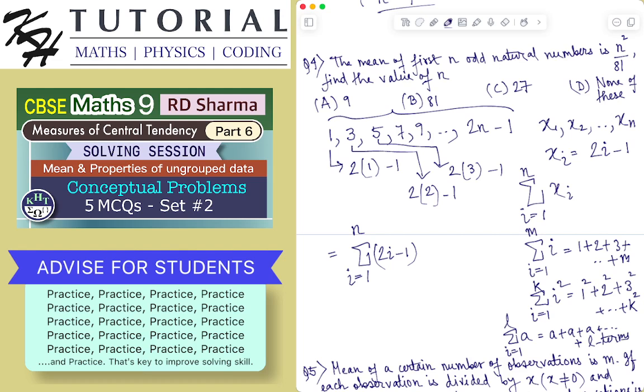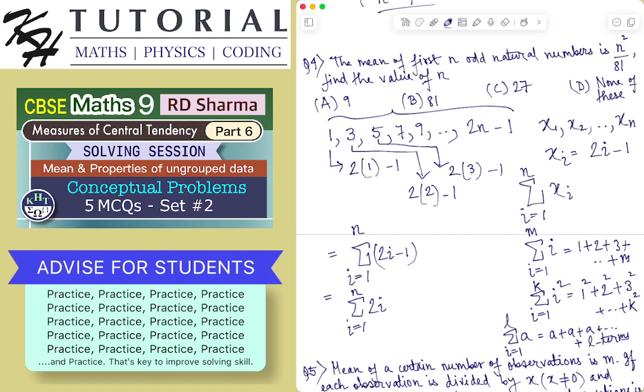So what will be summation of 2i minus 1, where i is ranging from 1 to n? I am applying the sigma on 2i minus 1, which is an algebraic expression.